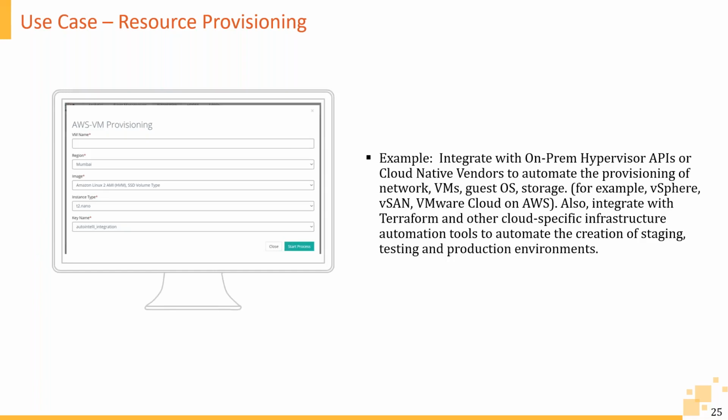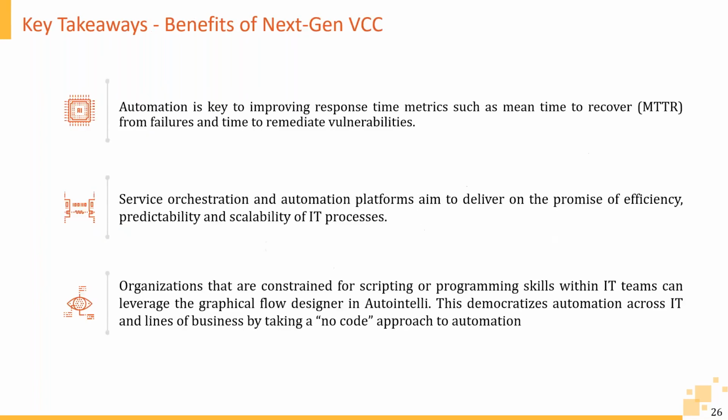Even if an end user is trying to provision a resource in the cloud, they will find it very easy, because all they have to do is put in a name, select every option, and submit, instead of typing them like in the other orchestration enablement tools available in the market. So we have enabled a special purpose form with which you can bring the complete inventory into the system.